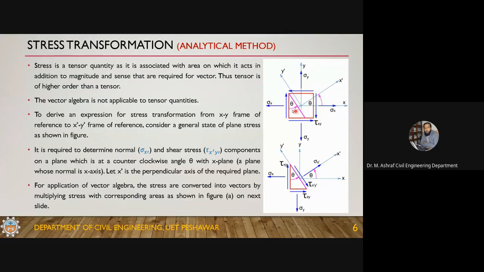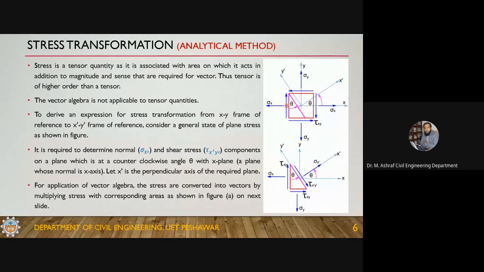The theta I am considering in my derivation is counterclockwise, and it will be considered a positive number. If it is clockwise, it will be considered a negative number. So there are three sign conventions: for normal stress, for shear stress, and for theta. You should remember these.